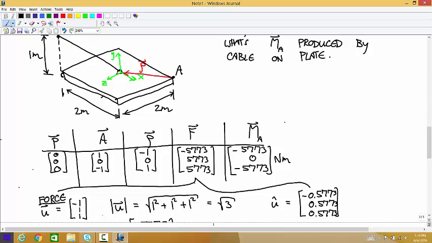The one that I was asking was about tension. Yeah. The way you find the force applied by the cable is you have a beginning point and an end point. You subtract those two to get a vector in the correct direction, and then you normalize it.